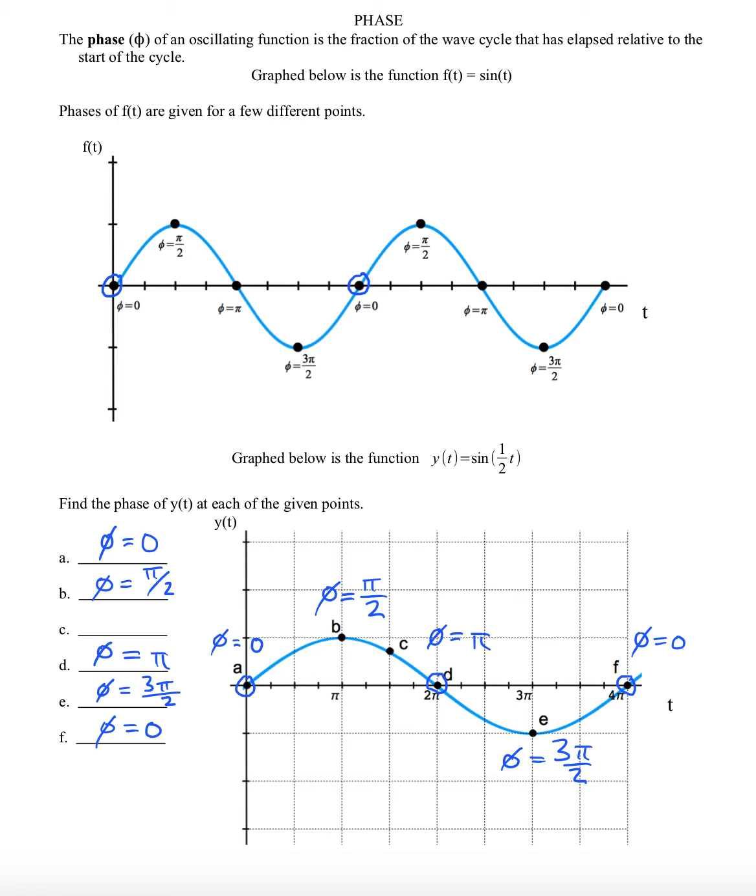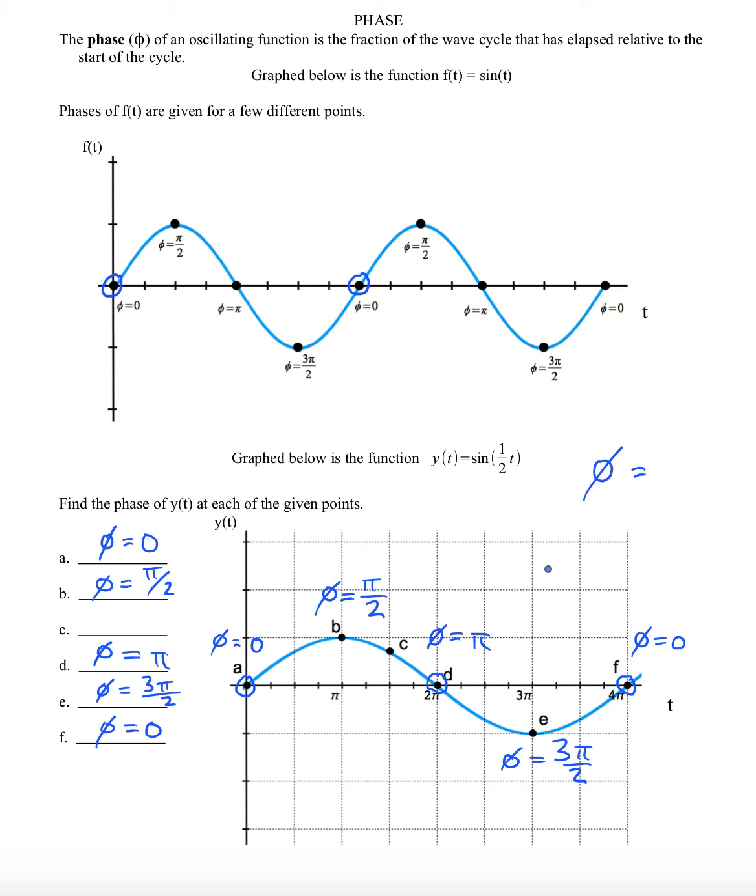It's a little bit harder to do C. What phase are we in at point C? Well, one way we can do this is to figure that the phase is equal to some fraction of how much of the cycle has been completed out of the total. So even just counting the grid lines here, there are 8 total grid lines.